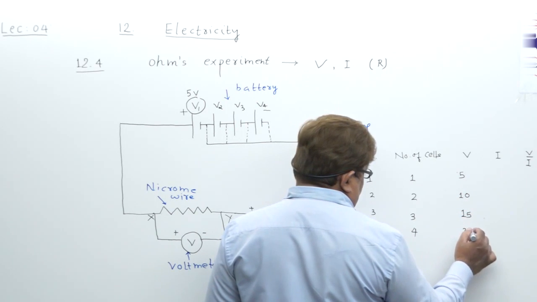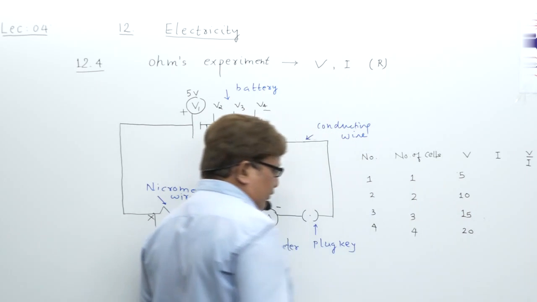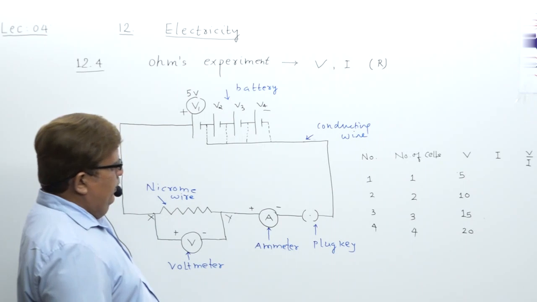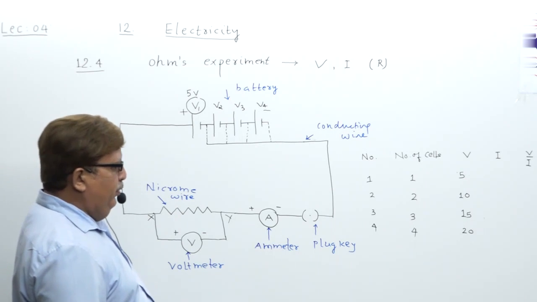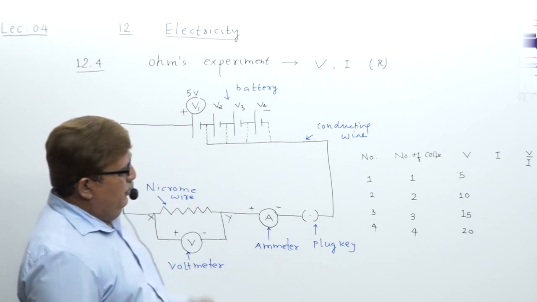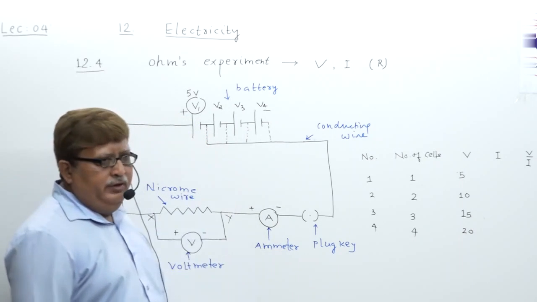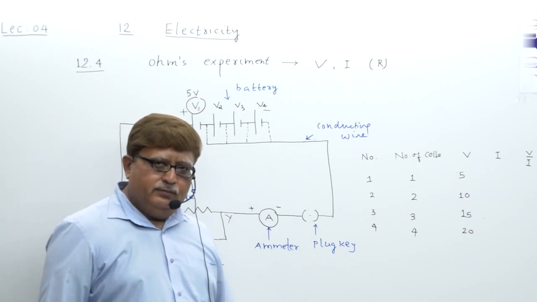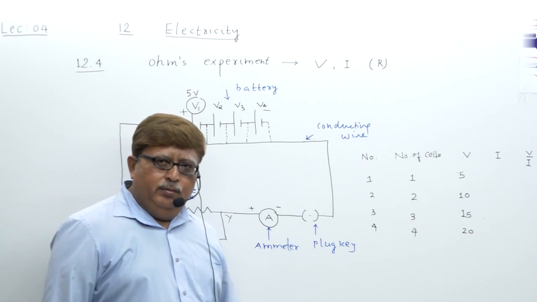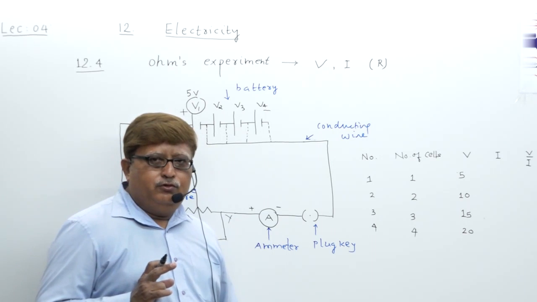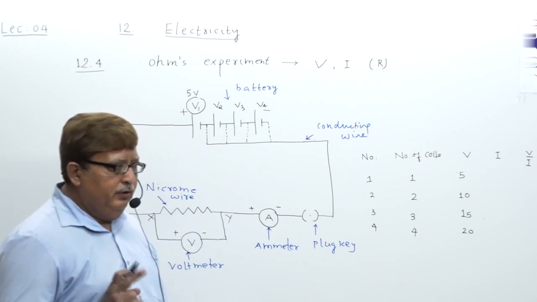15 and 20. Suppose, my dear student, to understand this in a more proper way, understand, whenever you go on increasing the number of cells, the amount of current also increases.